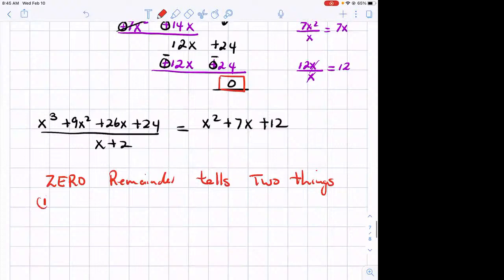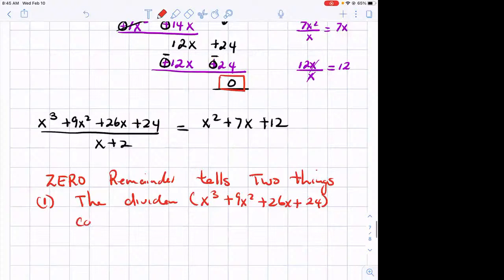One, your dividend, which is x cubed plus 9x squared plus 26x plus 24, could be factored.